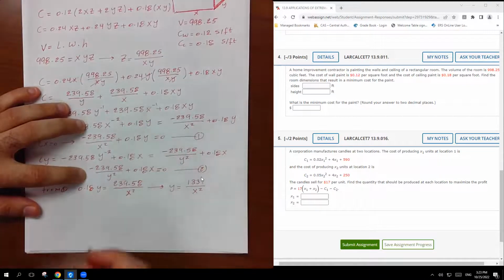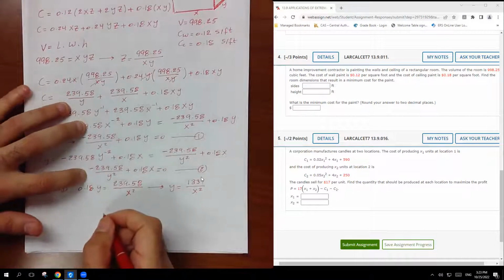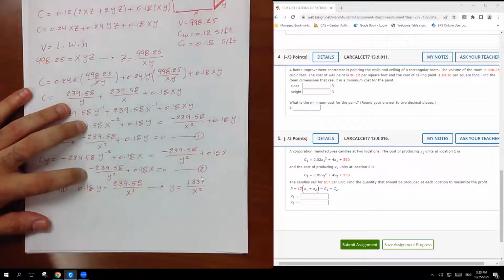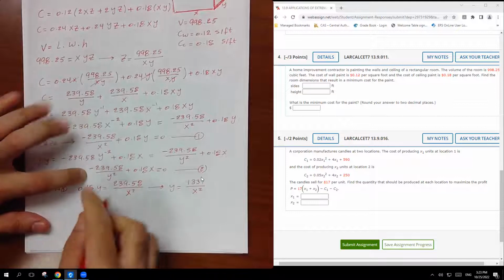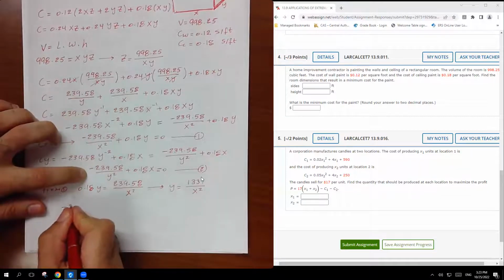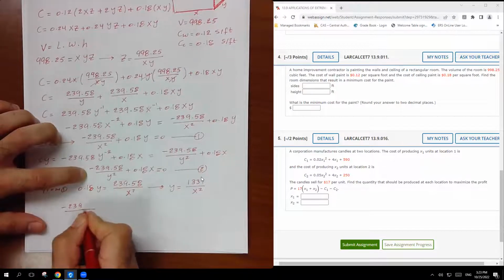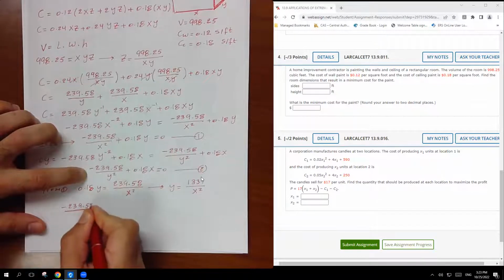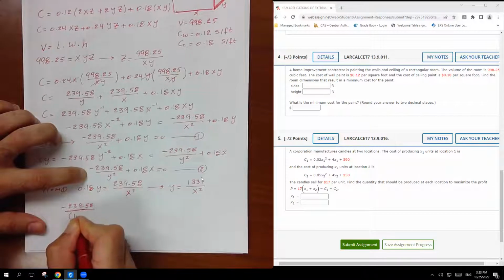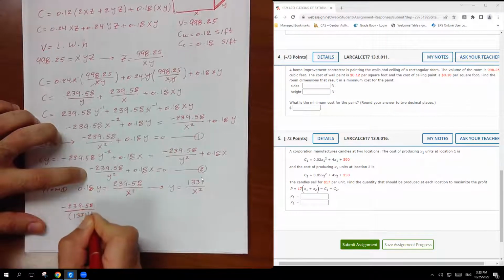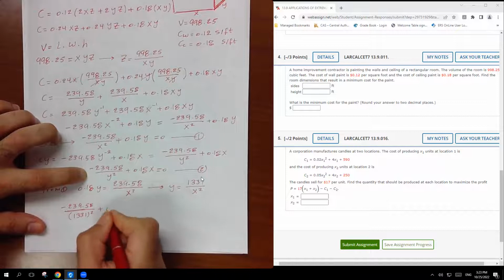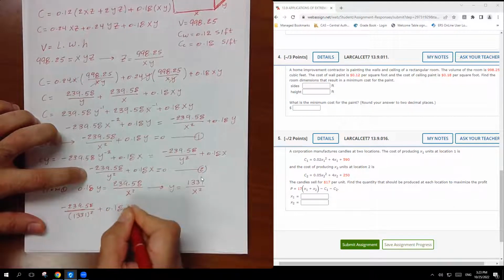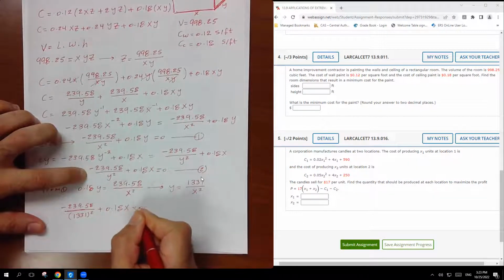So negative 239.58 divided by 1,331 squared plus 0.18 x is going to be equal to 0.